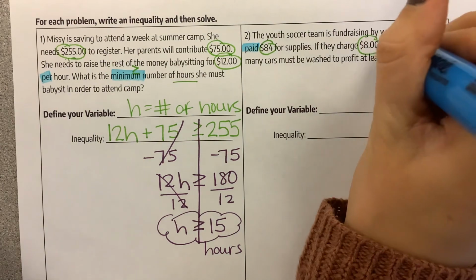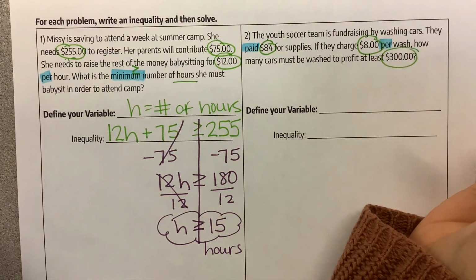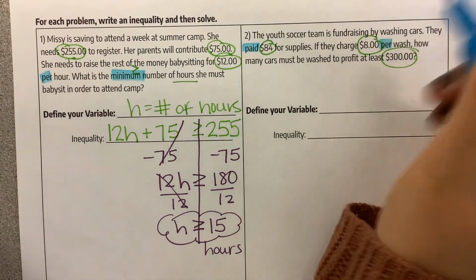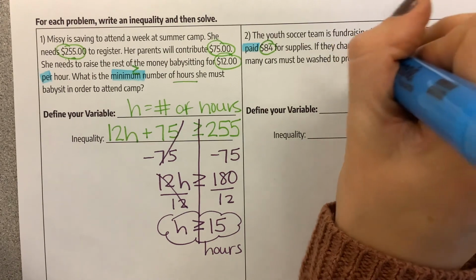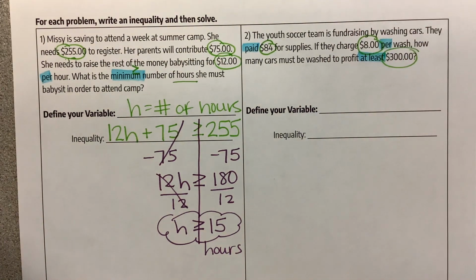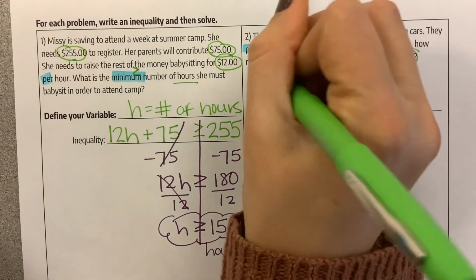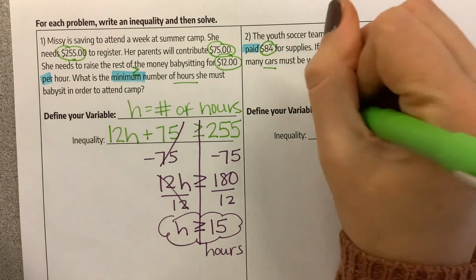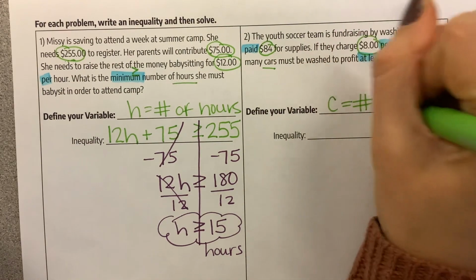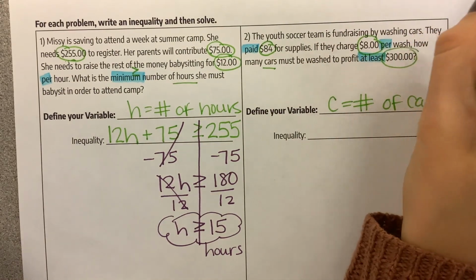They're charging $8 per wash. How many cars must be washed to make a profit of at least $300? So our question, how many cars? So that's our unknown. C equals the number of cars.